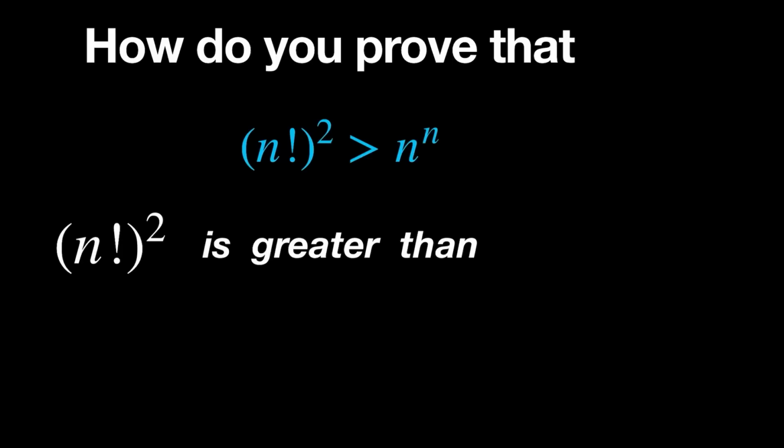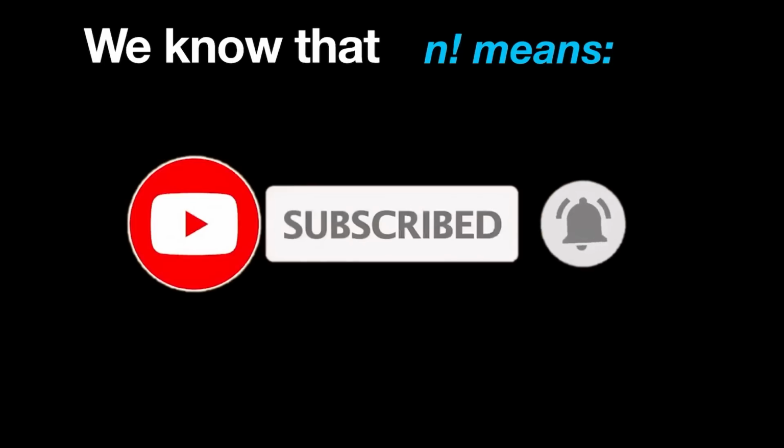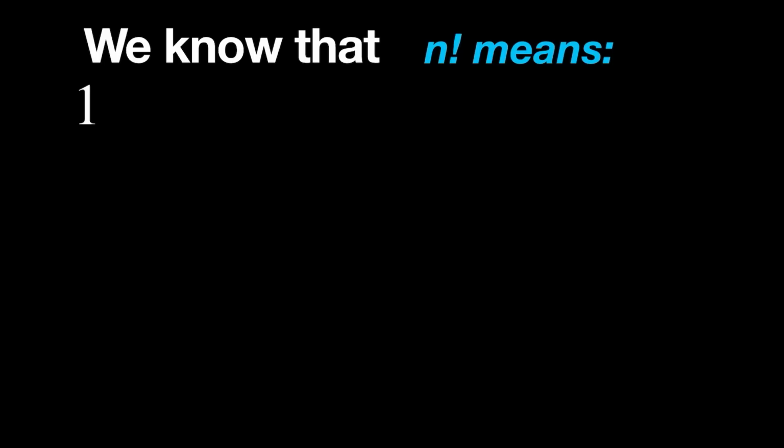The problem is: prove that (n factorial) square is greater than n to the power n. The problem is very easy, and you will see a mathematical trick used, which is very important. Now see, at first we know what factorial n means.